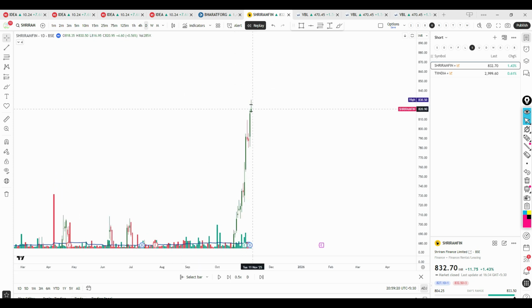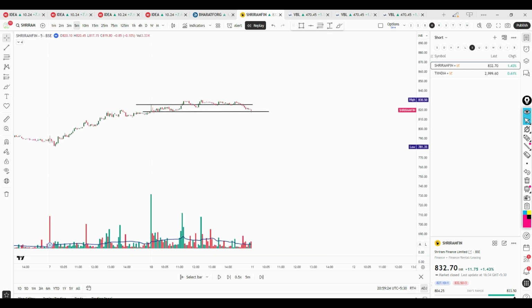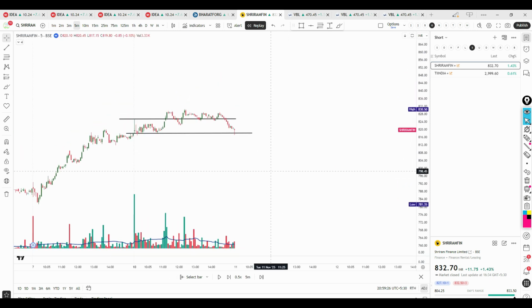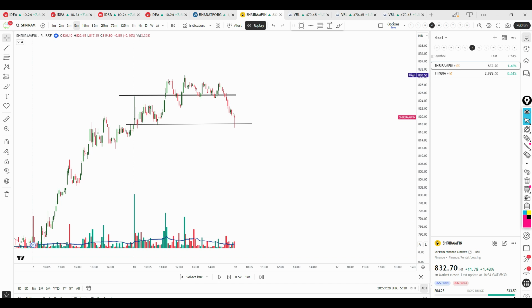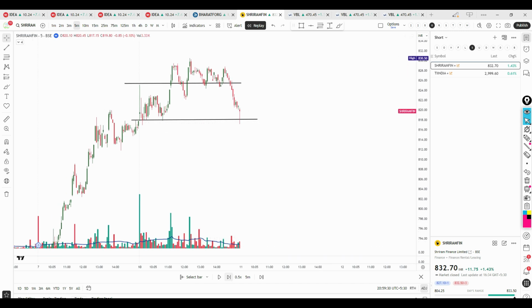So this is the candidate I selected for day trading, waiting for the entry. Let me run the replay. The first candle I am playing in replay. That is the first candle.